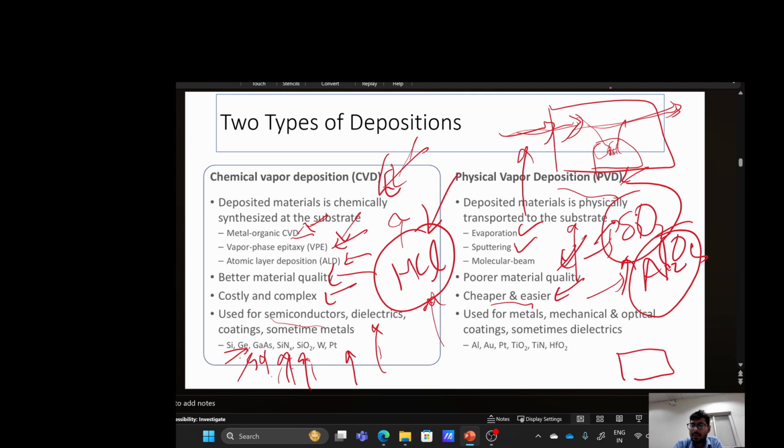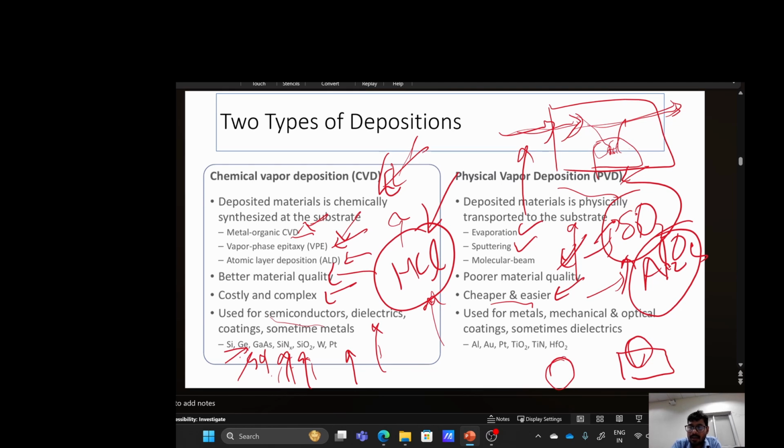If you have a boat kind of thing with material which is SiO2 or Al2O3, there will be an electron beam source. We can make this electron beam fall selectively over the SiO2, and that will heat at this position. It will reach very high temperatures, and it will evaporate SiO2 from here, and that will get deposited.